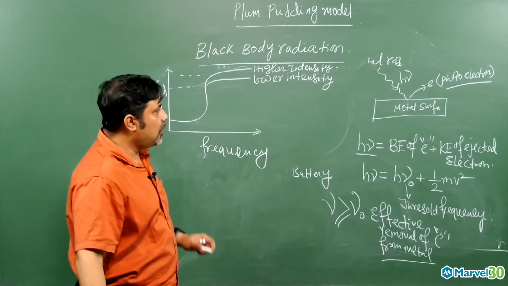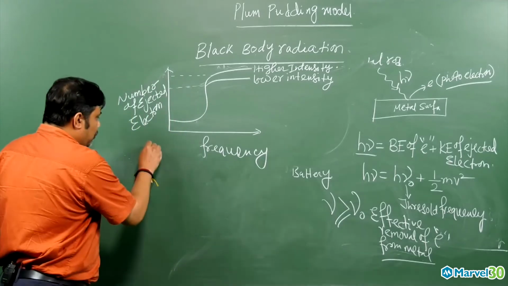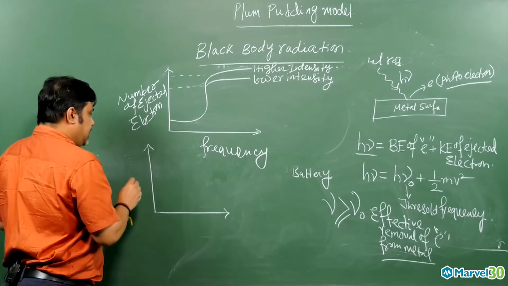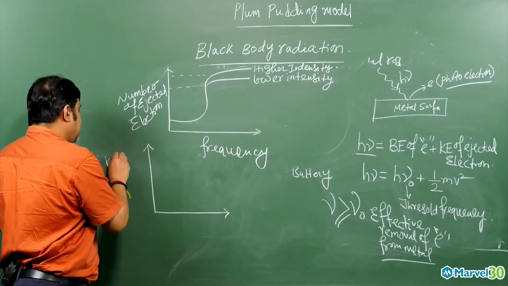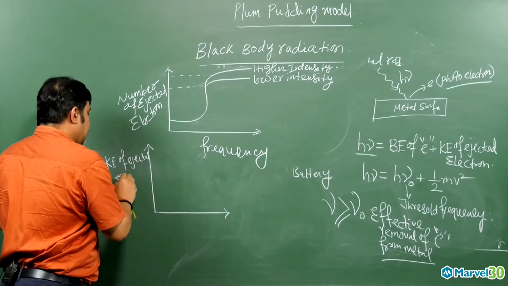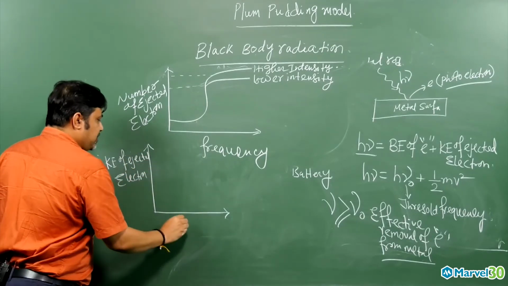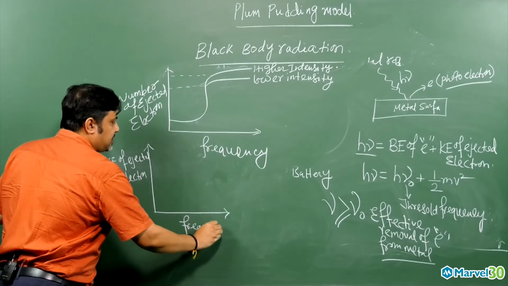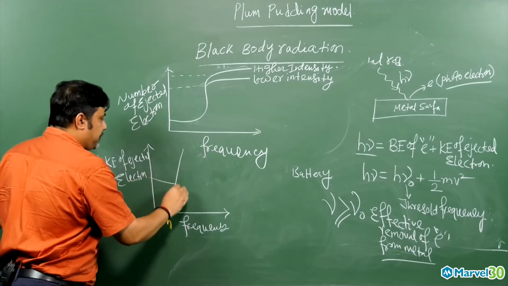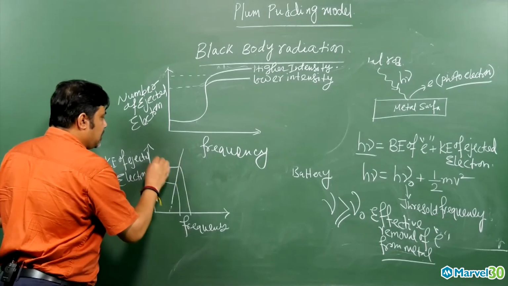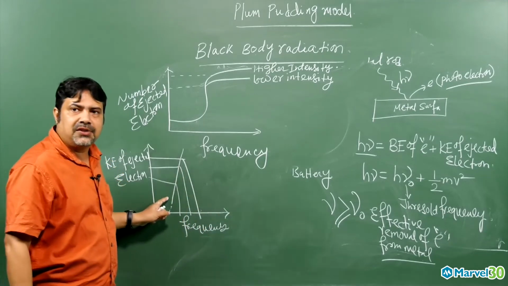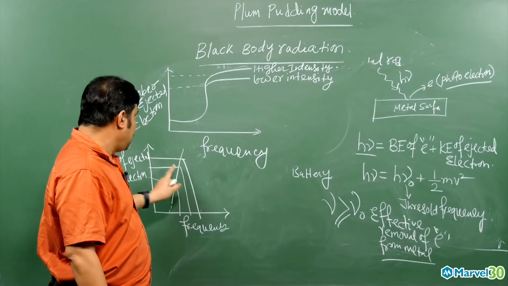Moreover, if we observe another plot, then you will get the clarity. Suppose this is the kinetic energy of ejected electron versus frequency. If you plot these things, this plot will be like this. That means when the frequency is increasing, kinetic energy is also increasing.